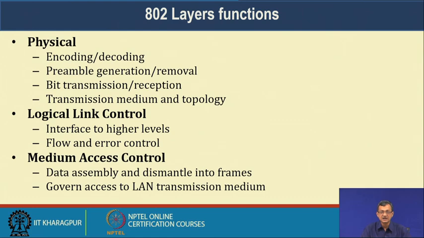These are some of the primary functions of the physical layer, which is governed by the 802 standards. In the logical link control, the interface to the higher layer is one of the primary things, and flow and error control is another aspect of LLC, whereas in the MAC, data is assembled and dismantled into frames, and access to the LAN transmission media is governed, that is, how the data is put into the media. These are the things which we require.